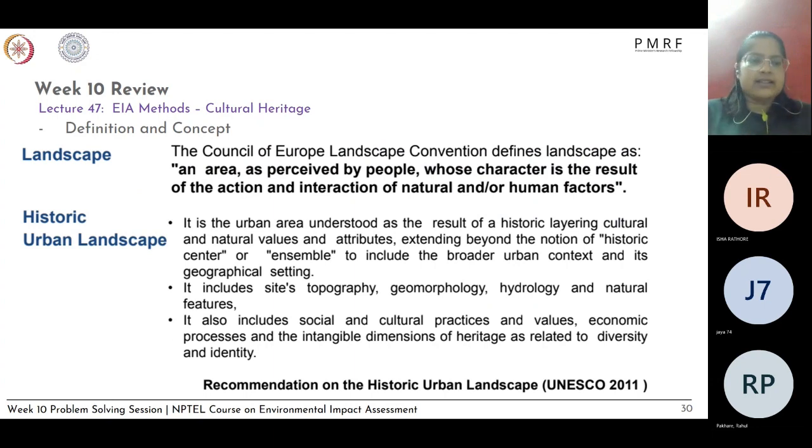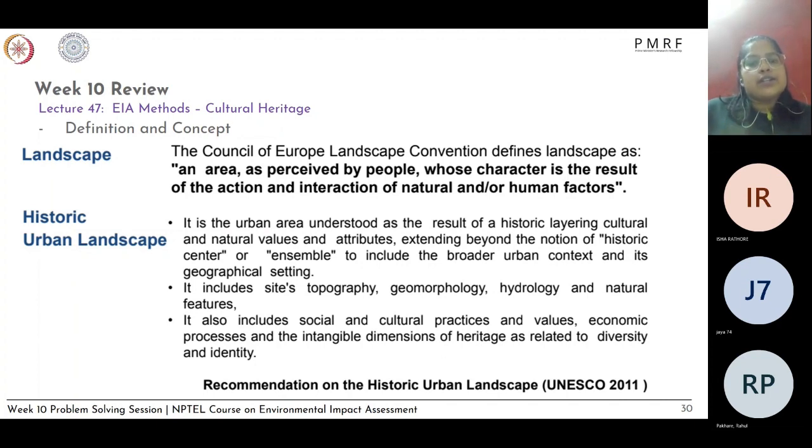Then we looked up at the definition of landscape in the previous module. So now we will look up at historic urban landscape. So this is defined as an urban area, which is understood as a result of a historical layering of cultural and natural values and attributes, extending beyond the notion of historic center or ensemble to include the broader urban context and its geographical setting.